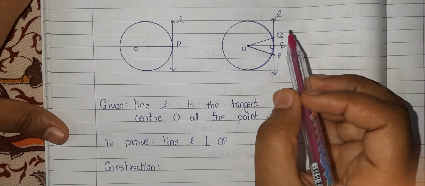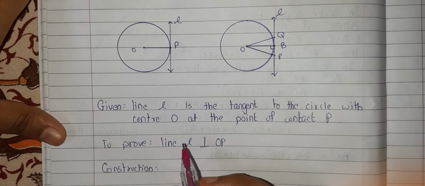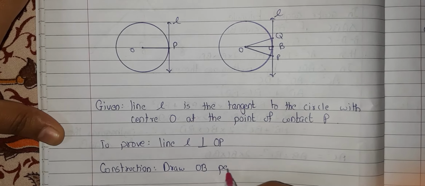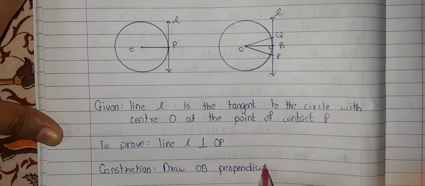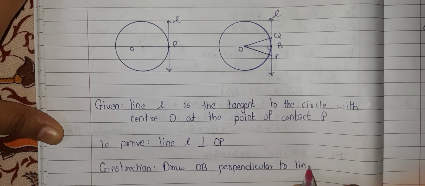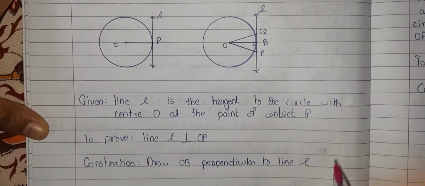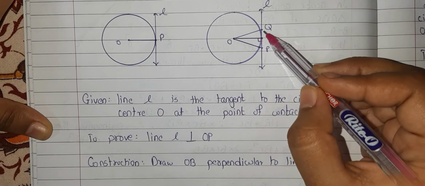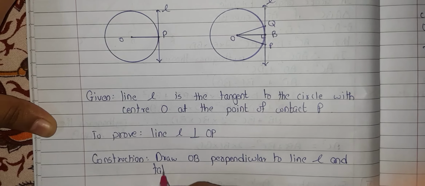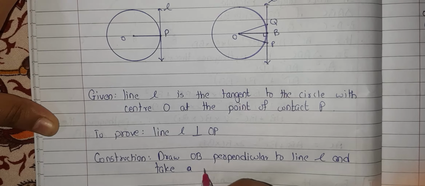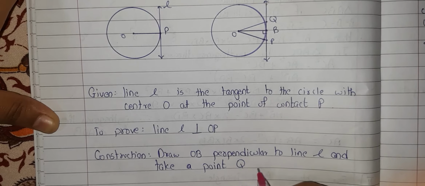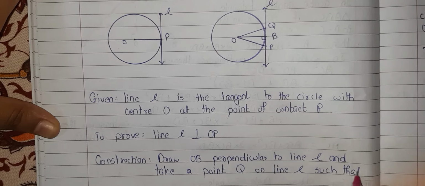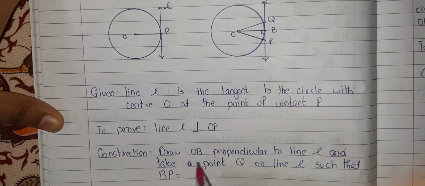After this we will do some construction: draw OB perpendicular to line L, and take a point Q on line L such that BP is equal to BQ.